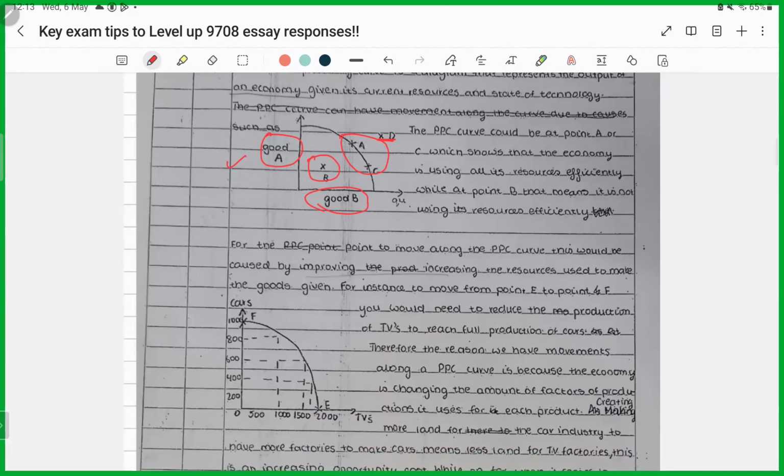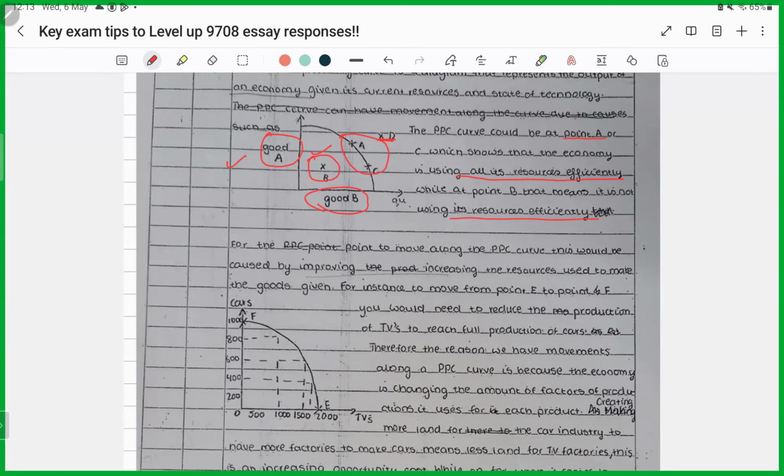The PPC curve could be at point A or C, which shows that the economy is using all its resources efficiently, while at point B, it means it is not using its resources efficiently. So the candidate went on explaining what it means to be on the PPC. That means there is efficient utilization of resources, plus any point inside the PPC means inefficient allocation or underutilization of resources.